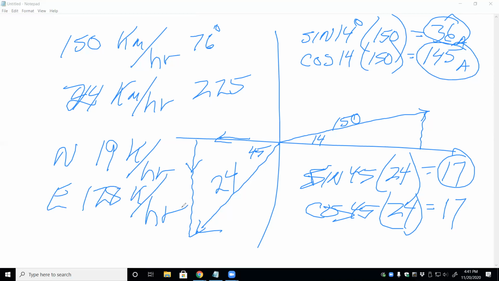And now all I have to do is combine those two for a resultant. Let me do that by drawing a picture.